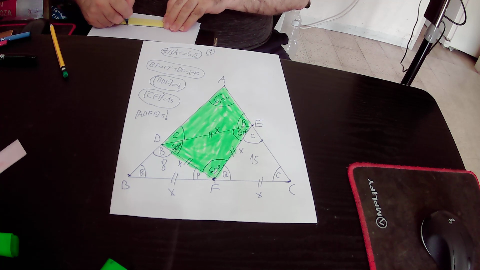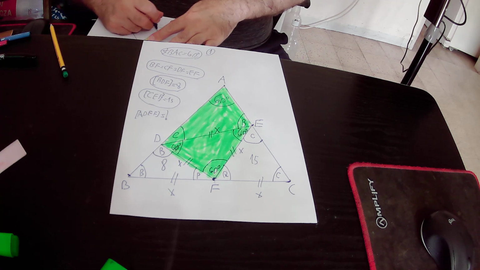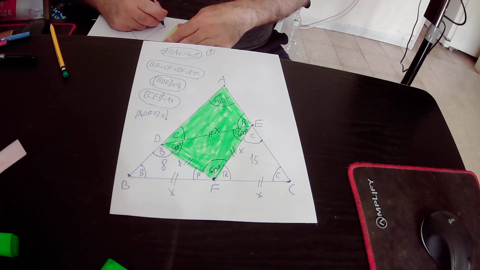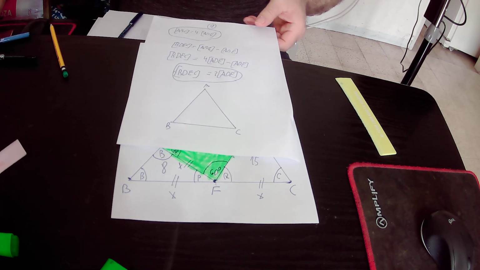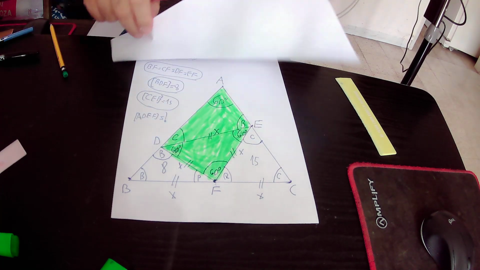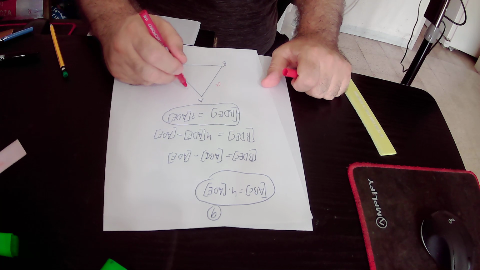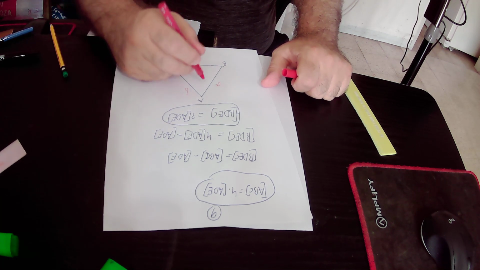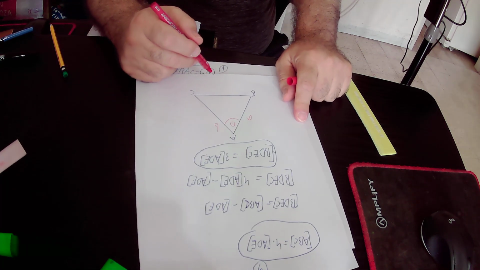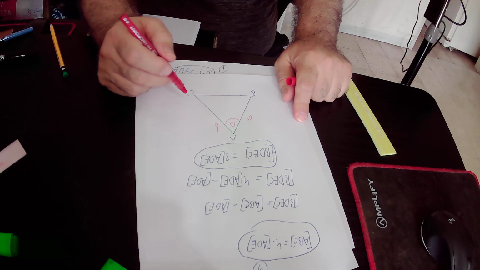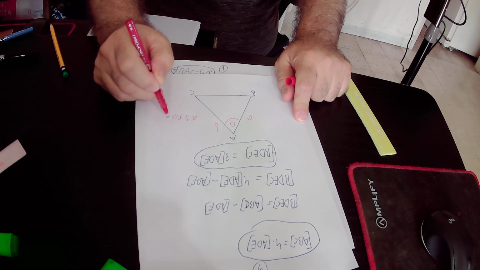So if we have a triangle ABC, and we know that side AB of triangle ABC equals A units, side AC of triangle ABC equals B units, and the angle between side AB and side AC is theta, then the area of this triangle, triangle ABC, equals A times B times sine theta over 2.